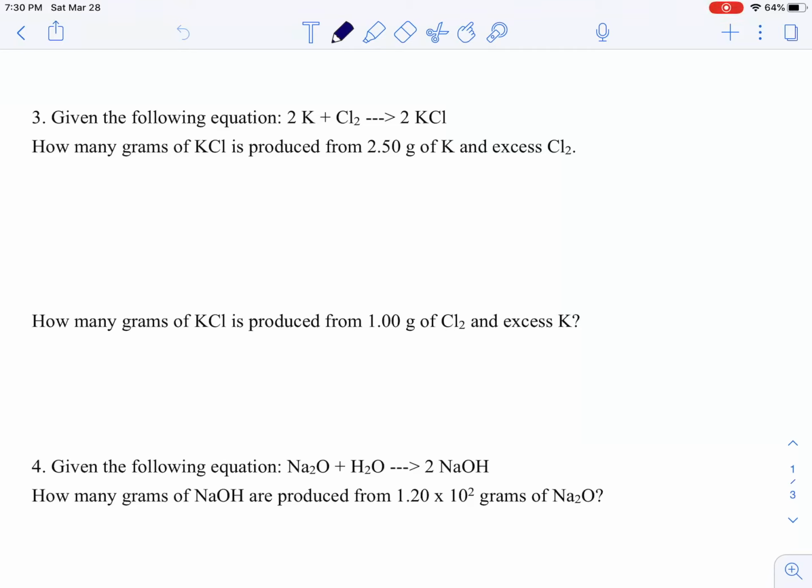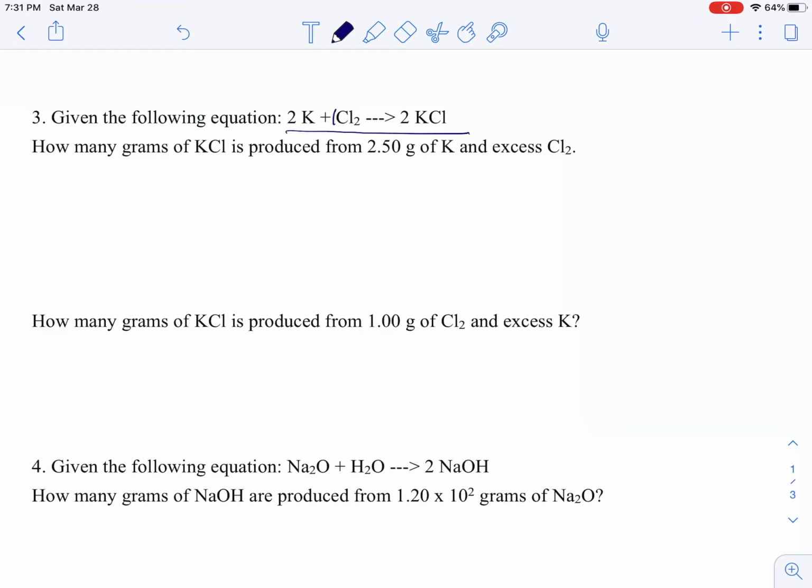This video will cover 9B Stoichiometry Worksheet, problem number 3, the second part, so I'm going to call that 3B. We are still using the same equation up here, which is 2 potassium plus 1 Cl2 will yield 2 potassium chloride molecules.